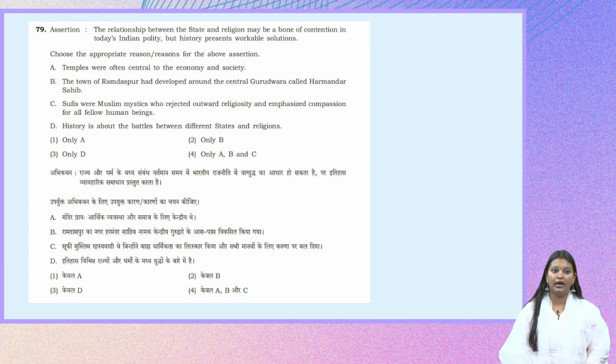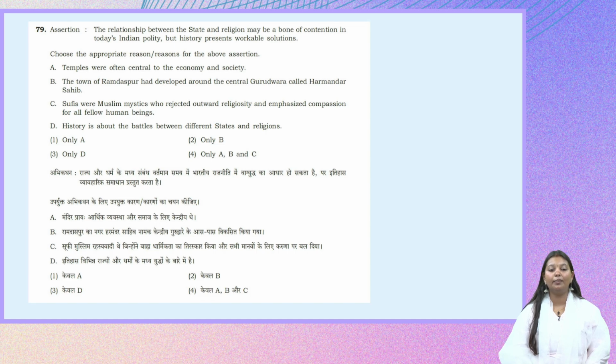So the statements are: temples were often central to the economy and society. Second, the town of Ramdaspur had developed around the central Gurudwara called Harmandir Sahib. The third, Sufis were Muslim mystics who rejected outward religiosity and emphasized compassion for all fellow human beings.